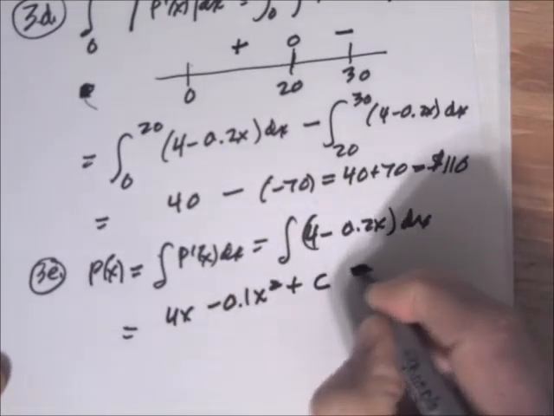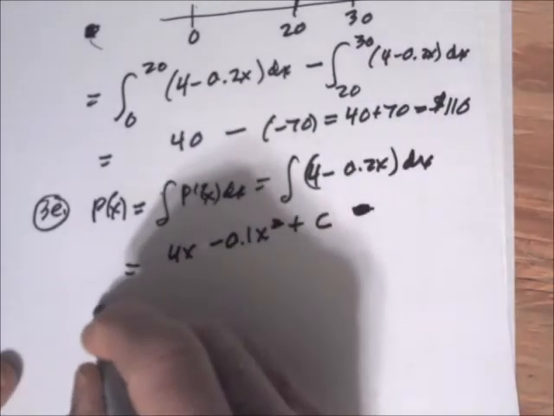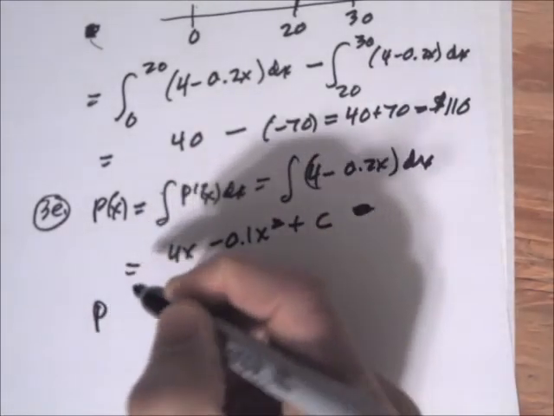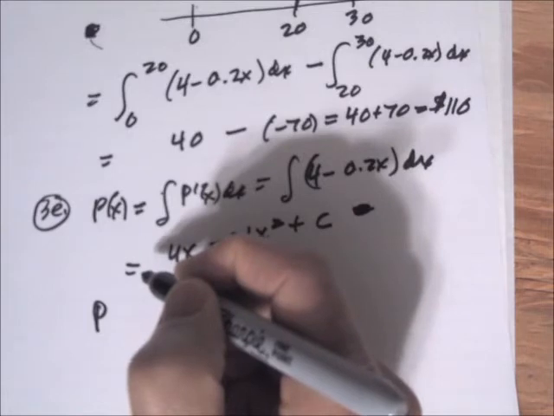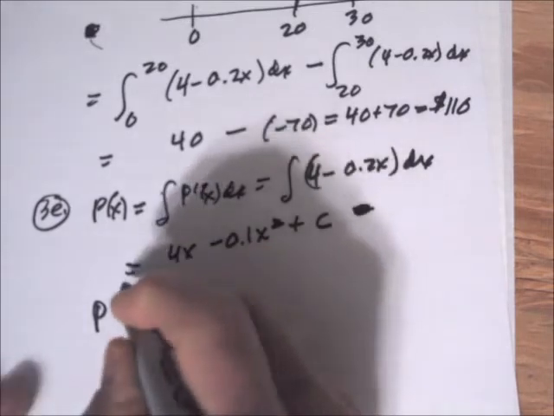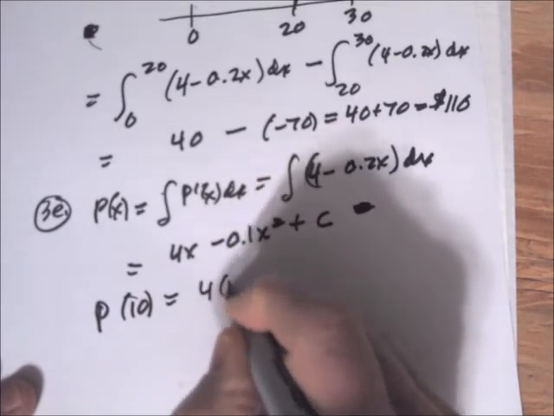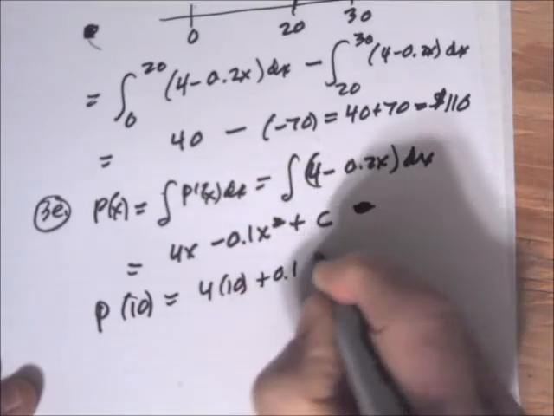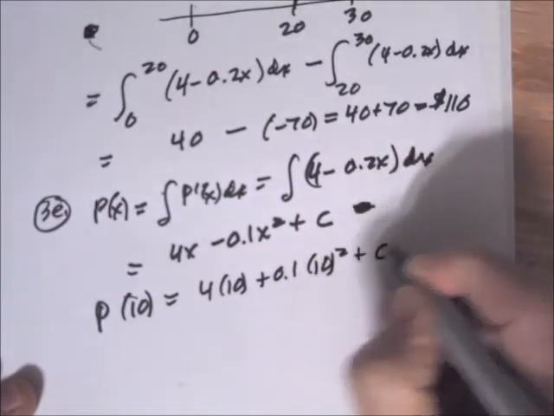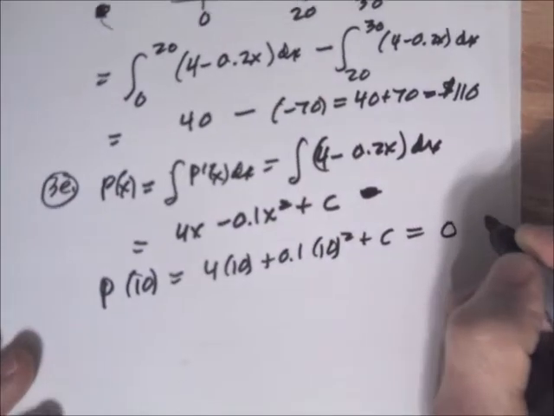And so the profit when x is 10 is 0. So P of 10 is going to be 4 times 10 minus 0.1 times 10 squared plus a constant, and they said that's equal to 0.